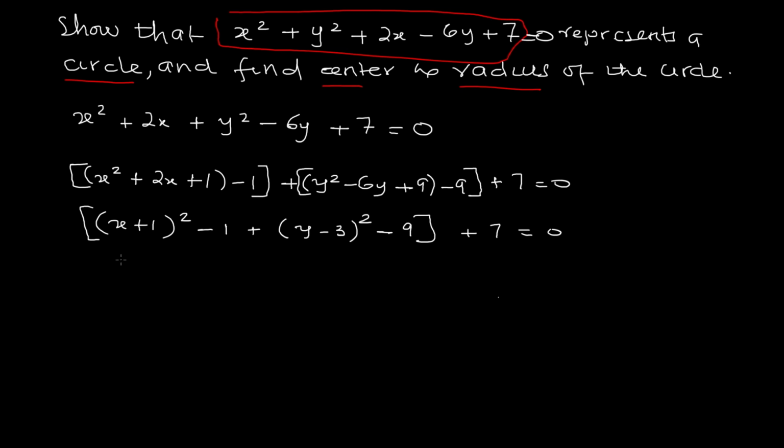Now remember, we said that this is x plus 1 squared. This and this can come together. We get our 10. That'll be 10 minus 10. Then now we can open it up. There's no negative that's impacting anything, so we are safe.